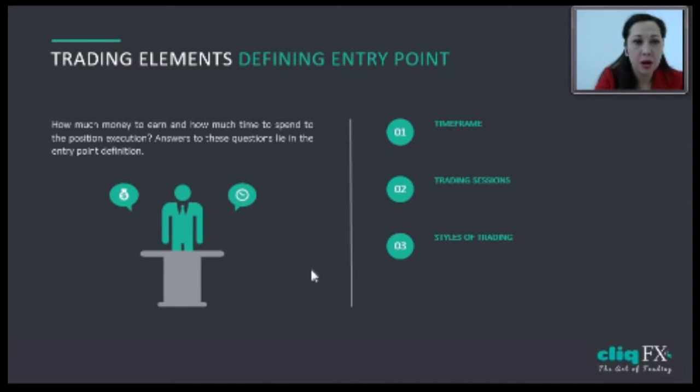As a rule, there are three main elements: time frames, trading sessions, which refer to different trade zones or time zones, and of course styles of trading, because every trader has their own style of trading. All these parameters refer to the entry point. Let's examine each of them.